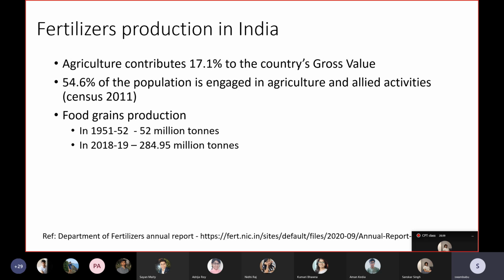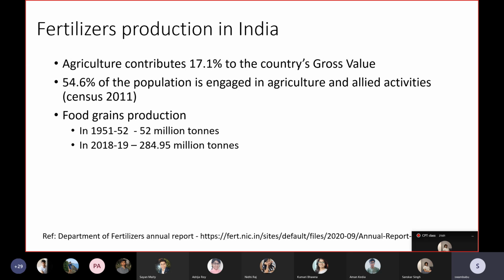And according to Census 2011, 54.6% of the population is engaged in agriculture and allied activities. Unfortunately, it is reducing, but it used to be the major percent of the population engaged in these activities.